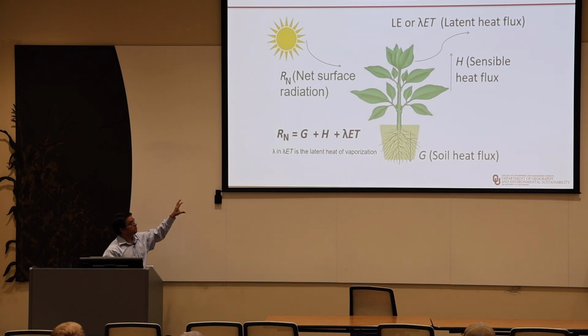In ET modeling, the net radiation is computed, soil heat flux is computed, sensible heat flux is computed, and then the remaining part is the ET. The total available energy is net radiation minus G, and you can separate that into sensible heat flux and latent heat flux, and from latent heat flux you can get ET. So that's how it's done.